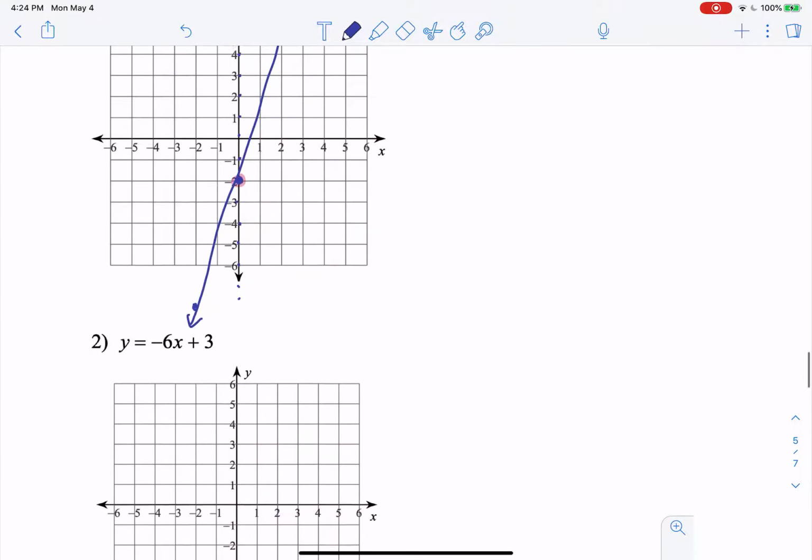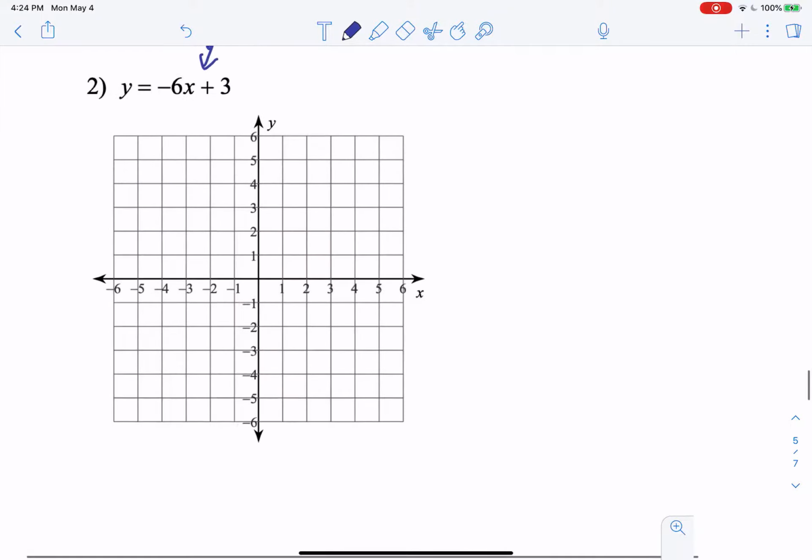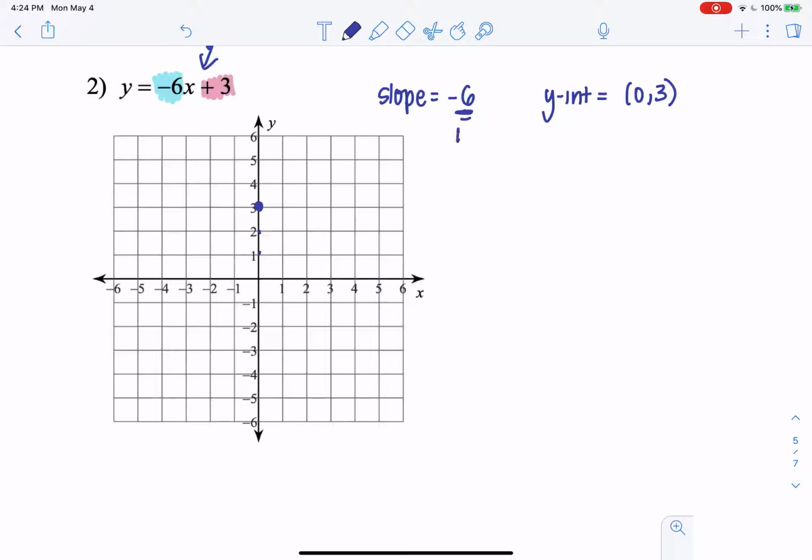Let's try it again. Here, we've got another equation of a line. We have this +3. We have this -6 as our coefficient, so our slope is going to be -6. Our y-intercept is going to be the point (0, 3). So we'll go up 1, 2, 3. Slope -6 is the same thing as saying -6/1.